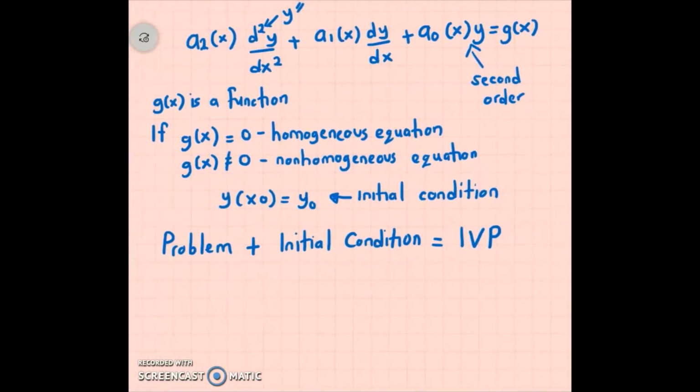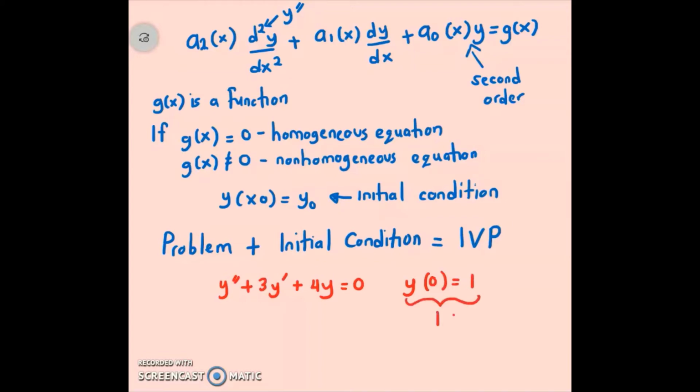For instance, I can have a problem such as y double prime plus 3y prime plus 4y equals 0, with y(0) equals 1. This is my initial condition. This is my problem, my second order homogeneous differential equation. So I have an initial value problem.